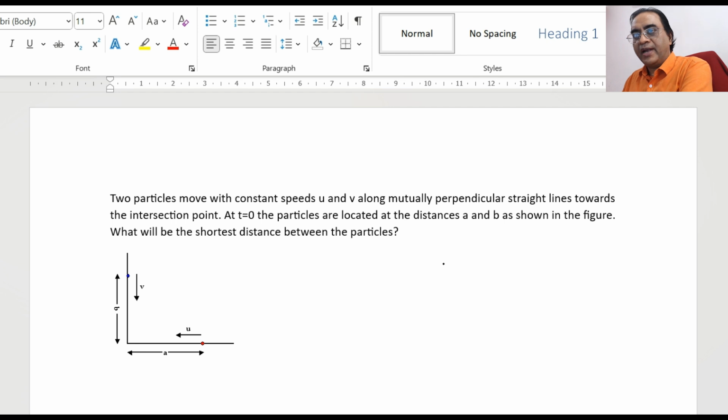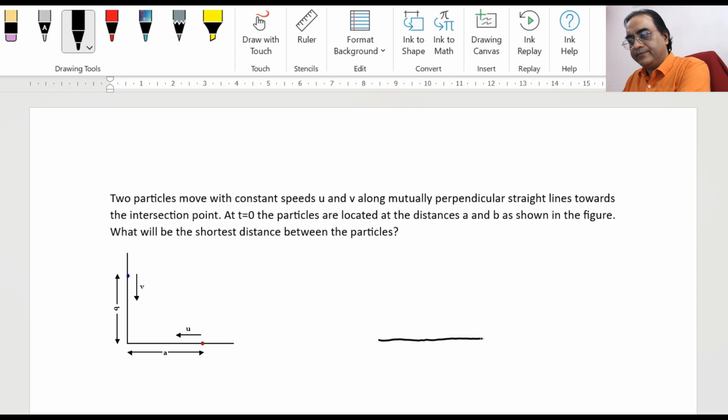So let's say at some time t, the situation is as follows. Both particles have moved by some distances. In time t, this particle would have moved distance ut and this particle would have moved distance vt.